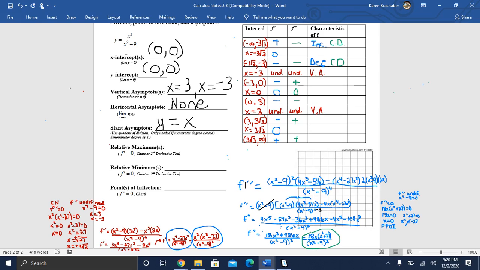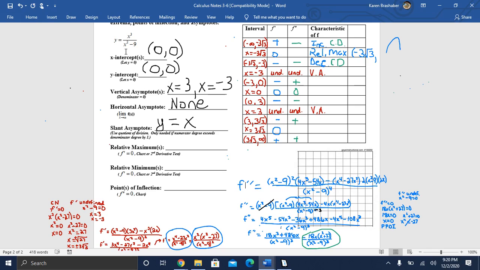So let's go ahead and look at what happens since we had this change from increasing to decreasing. That means that at x equals 0, we have a relative maximum. And I left you with another column because I want the ordered pair. So the ordered pair would be negative 3 square root of 3.